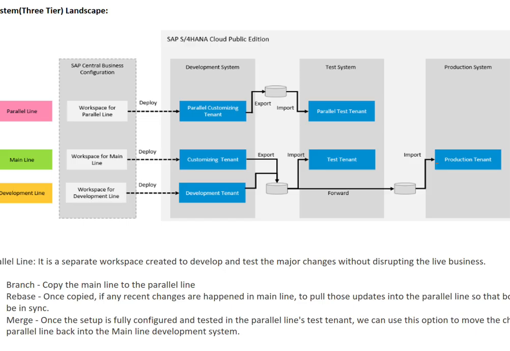Which company follows. Parallel line is a concept where a separate workspace is created to develop and test the changes without disrupting the live business. Consider an example.